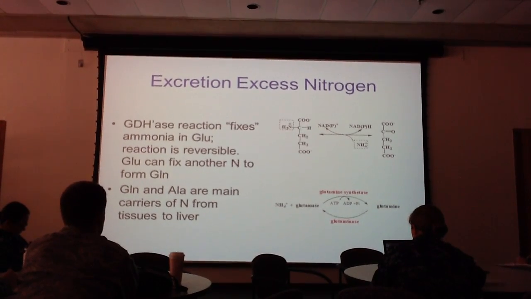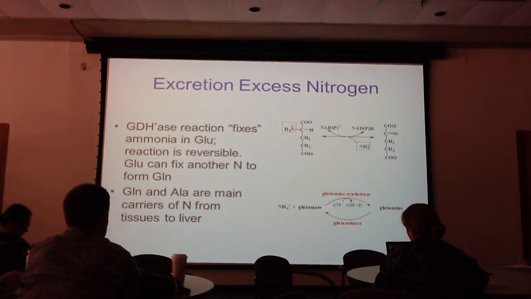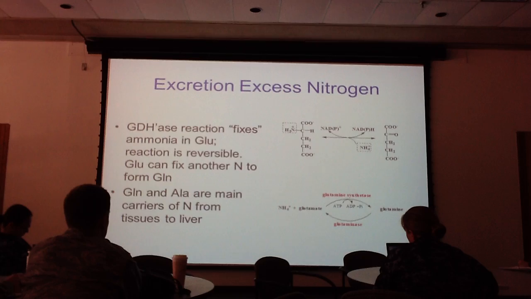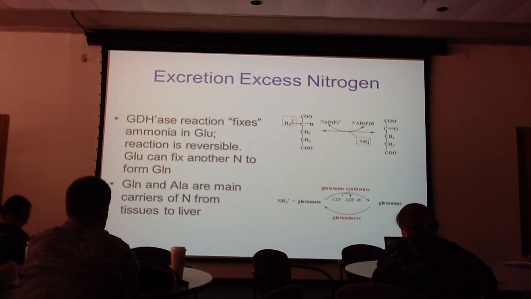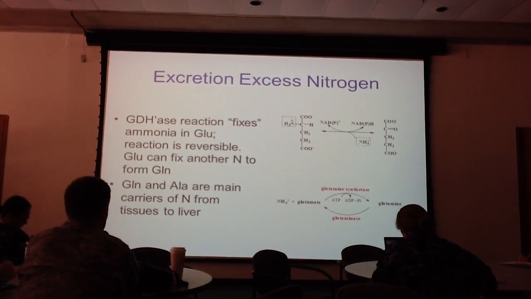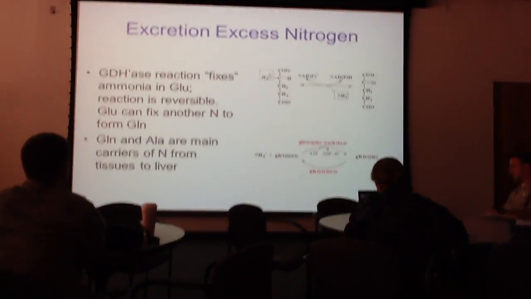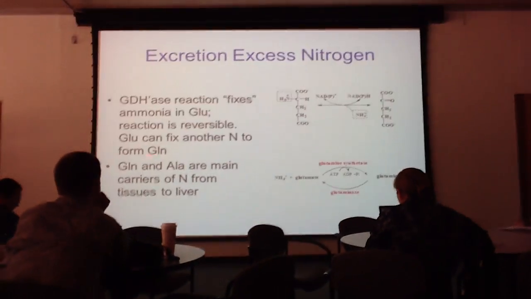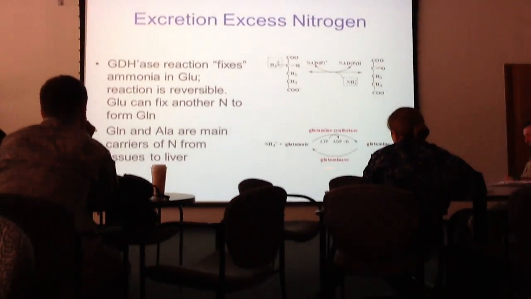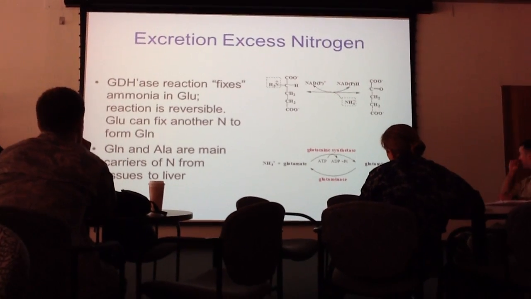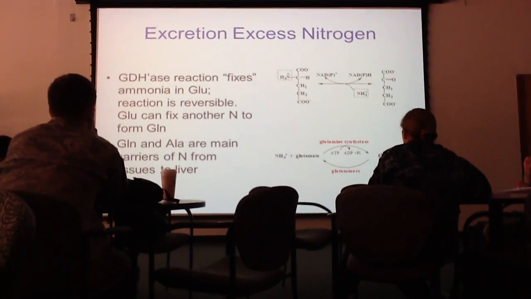Another key reaction that controls the level of ammonia is the glutamine synthetase reaction, where glutamate combines with ammonia to form an amide bond. This is on the carboxyl side chain of glutamate. That gives you glutamine. So glutamine is also an important carrier of nitrogen through the blood. To go back the other way, glutamine is hydrolyzed by water, catalyzed by the enzyme glutaminase, back to glutamate and ammonia.